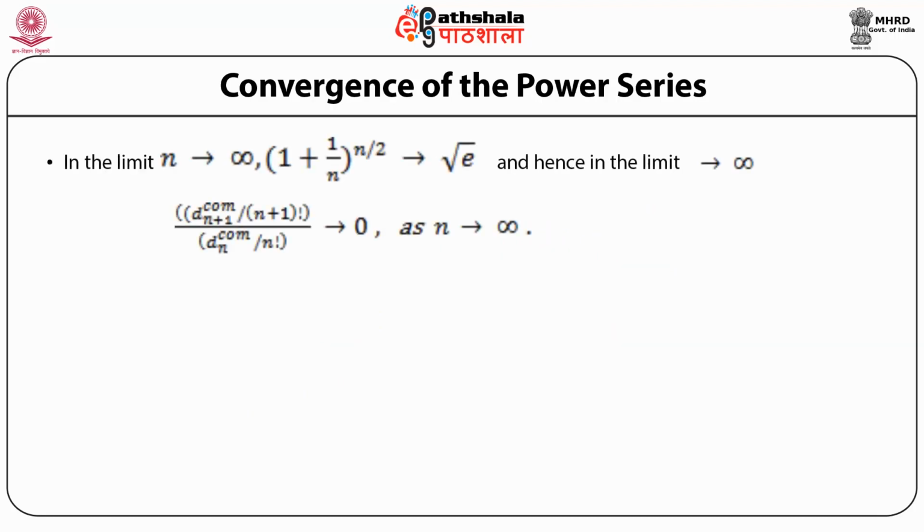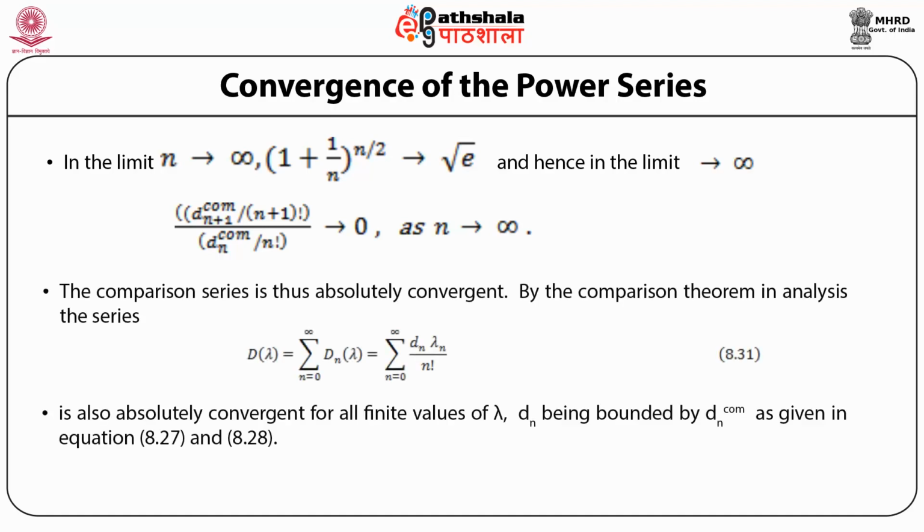So now in the limit n goes to infinity, (1 plus 1 by n)^(n/2) is nothing but root e. Hence, as n goes to infinity, the ratio of the n plus 1th to the nth term in the comparison series goes to 0. The comparison series is thus absolutely convergent.